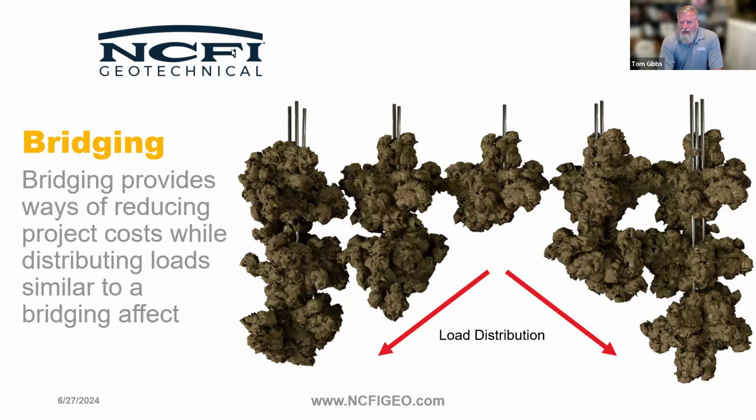So poly can be used to create columns and displace soils. It's basically compaction grouting to keep the soil from falling apart during an earthquake, which is what causes liquefaction.